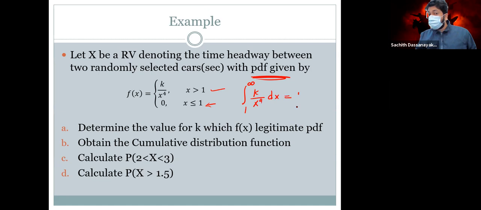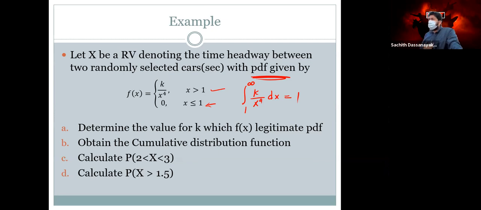It should equal 1, because if this is a legitimate PDF, then this should satisfy condition number 2. Clear? So solve this, you can find the k.